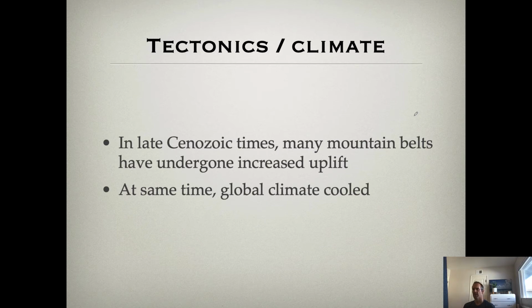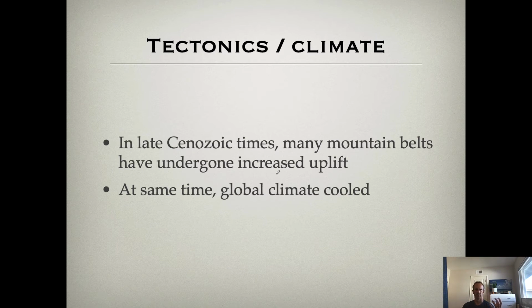So with that kind of background, now it's interesting to look at how climate has changed throughout late Cenozoic time and how that seems to correlate with the growth of large mountain ranges that we now see on the planet. So in late Cenozoic times, geologists have noticed that many mountain belts around the world have undergone an increased amount of uplift. And what's the cause of that?